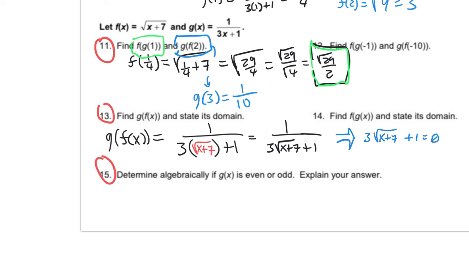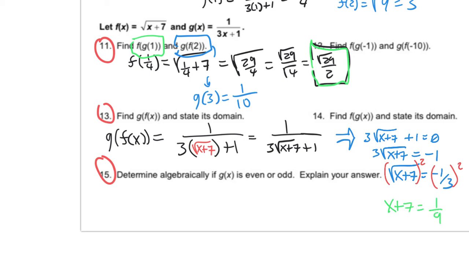Now, when we do that, it would become 3 radical x plus 7 equals -1. Then it would become radical x plus 7 equals -1/3. And then we could square both sides to get rid of that radical symbol. And it would become x plus 7 equals 1/9.